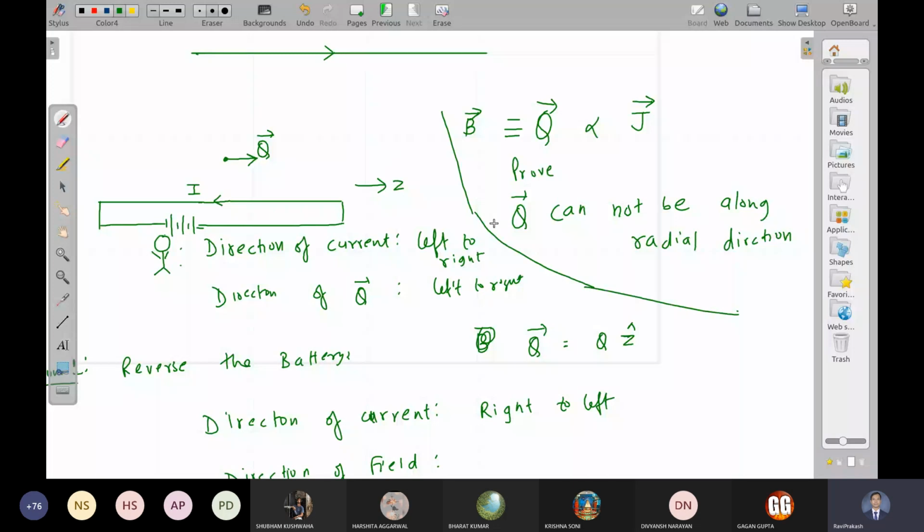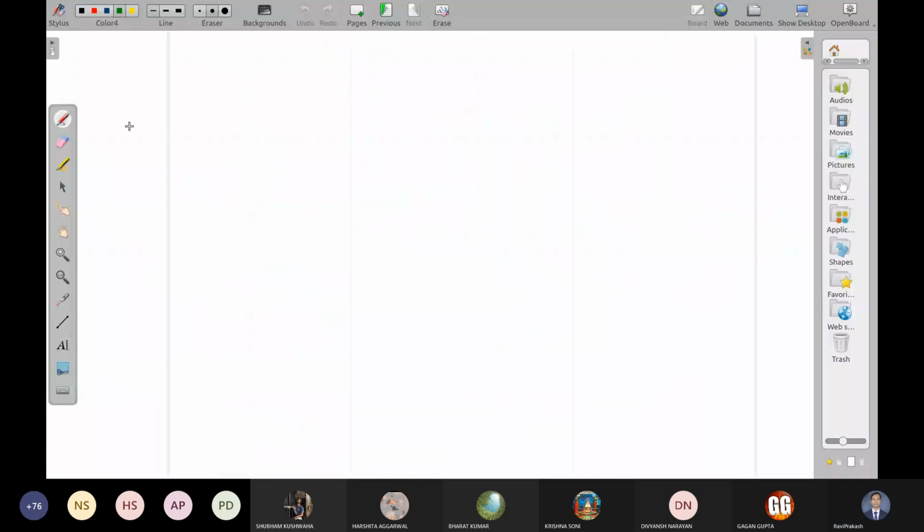So let me deal with the same component again. This is the wire. This is the current, and let us say at this point P, radial direction means radially outward in this direction. This is the Q. The field is in the radial direction, right?